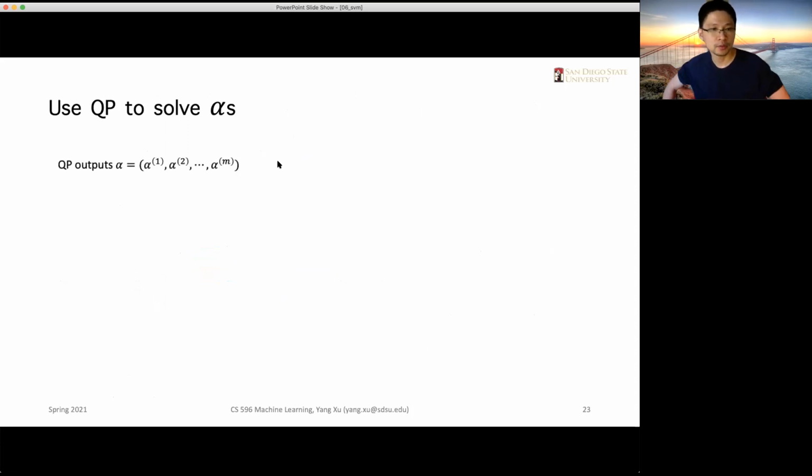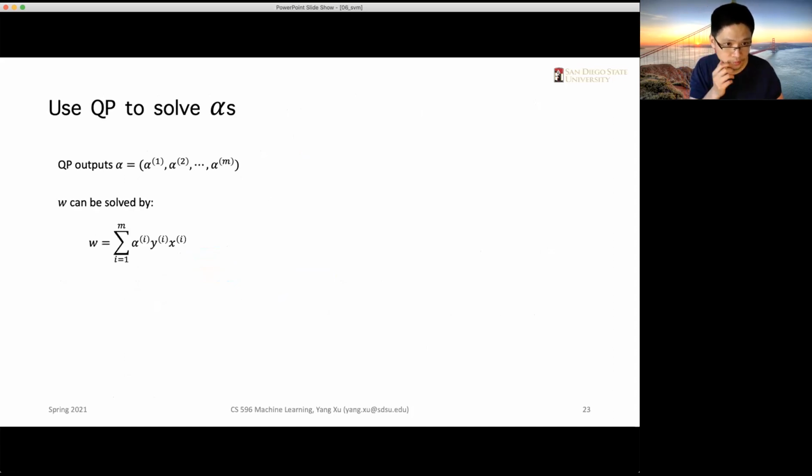So it should output the solution, which is the alpha that minimizes the Lagrangian, the input Lagrangian form. Having these alphas, we can immediately solve W, right?